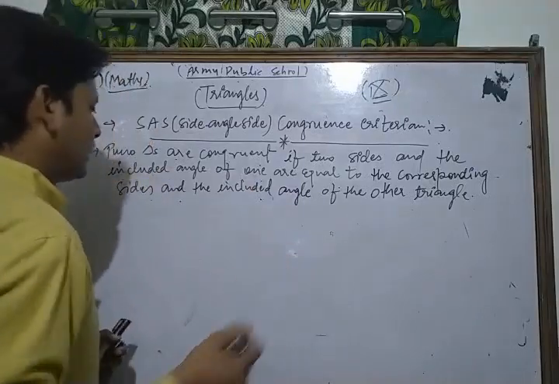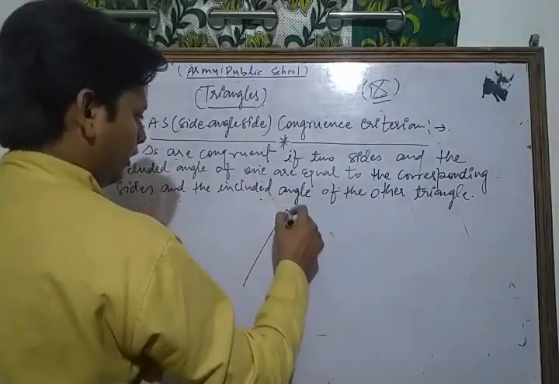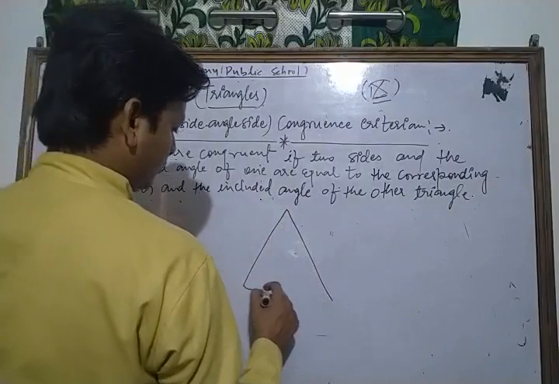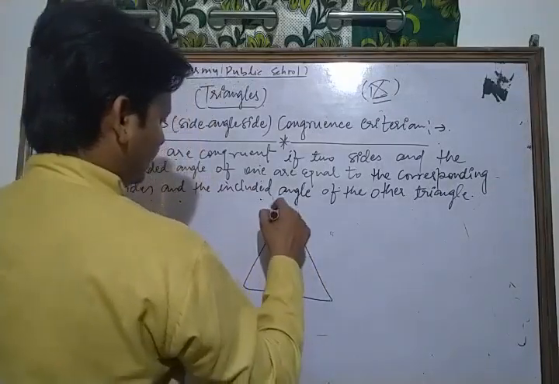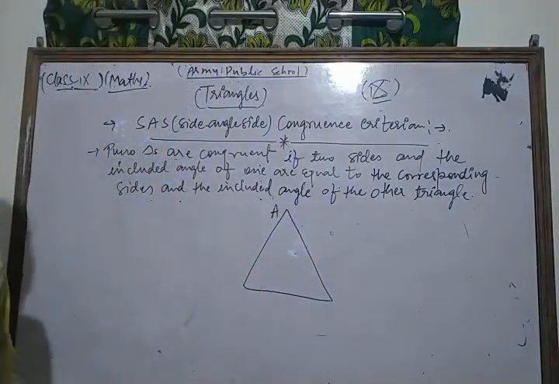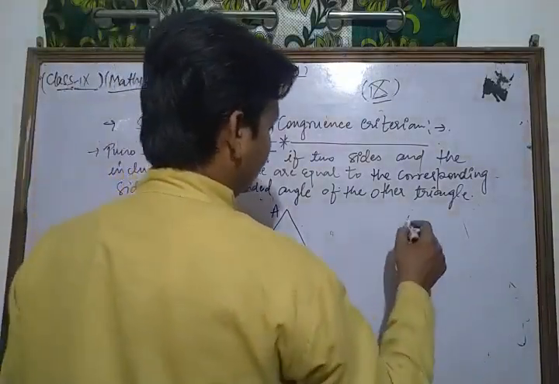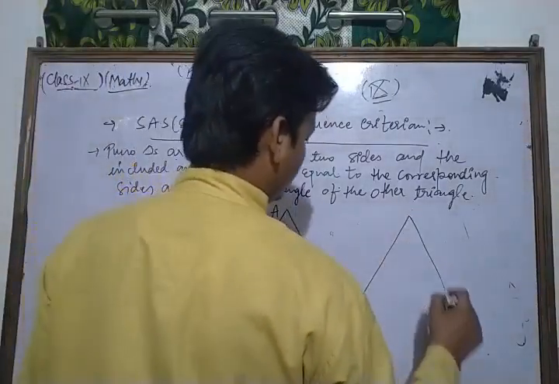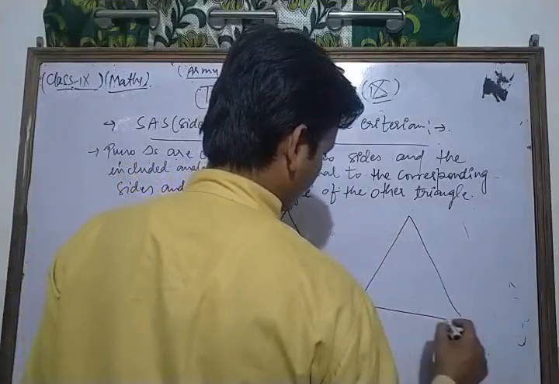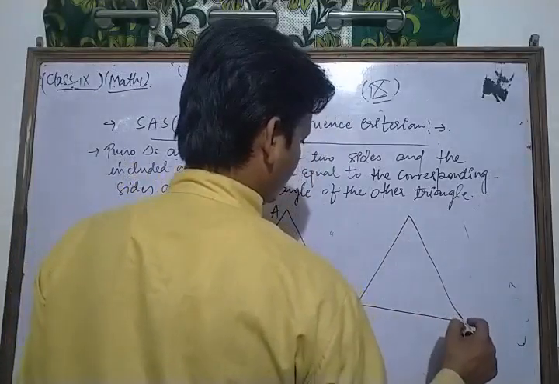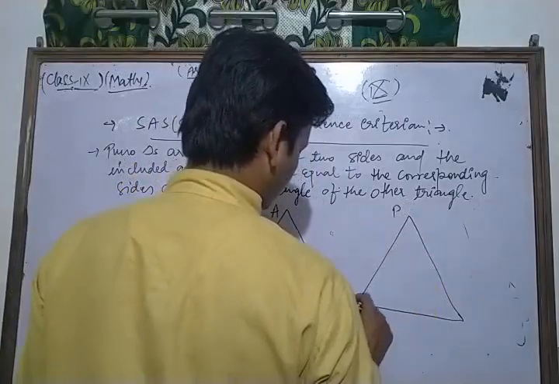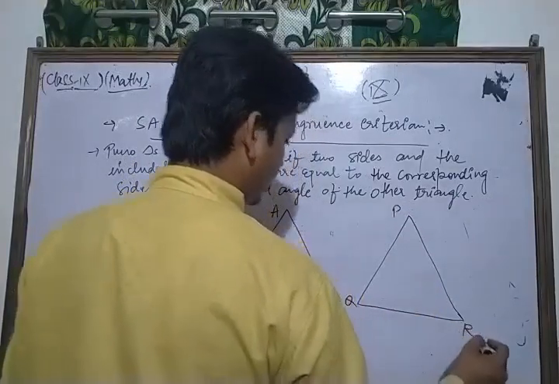Suppose that we have two triangles, triangle ABC and triangle PQR.